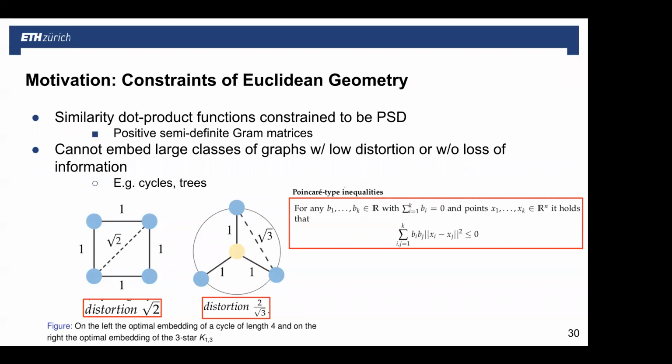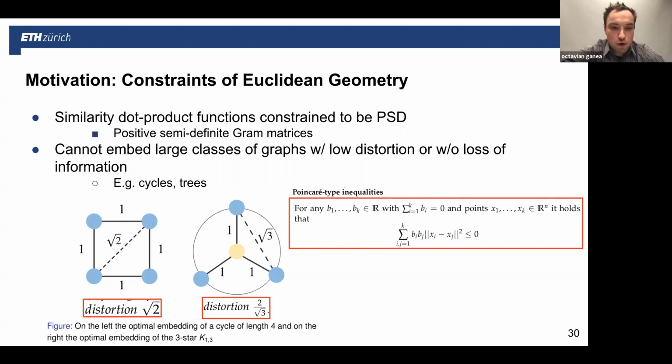I'll ask this. So the distortion is how much you have to distort the distances to map it to the Euclidean space? Yes, exactly. I didn't put the formal definition of distortion here, but it's the standard one used in graph embedding.